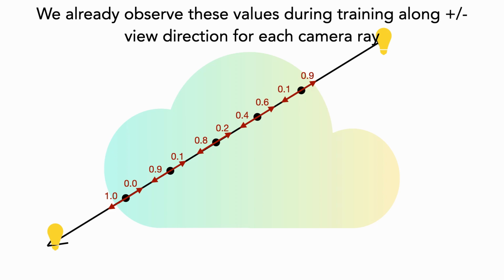But how do we efficiently supervise this visibility network while we're training? Well, we can make use of the same observation from neural reflectance fields. During training, we already have to query the MLP for the volume density at densely sampled points along the camera rays. So these values are exactly what we need to compute the light source visibility for light sources that are coming from the positive or negative view direction of this camera ray.